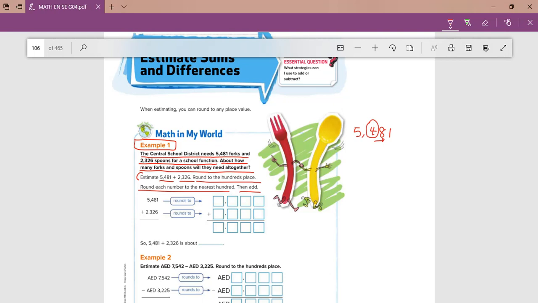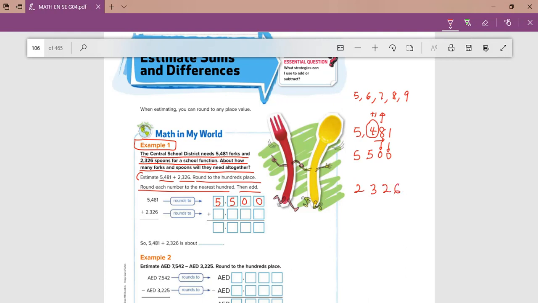Remember that if the next number is 5, 6, 7, 8, or 9, then you have to round up by adding 1. So this becomes 5. 4 plus 1 is 5. Other numbers turn to zeros. So what you put here is 5,500.